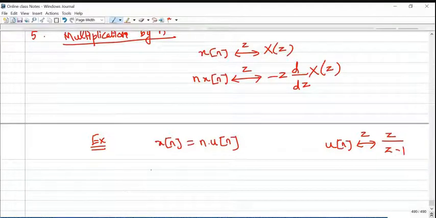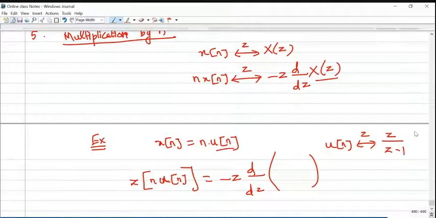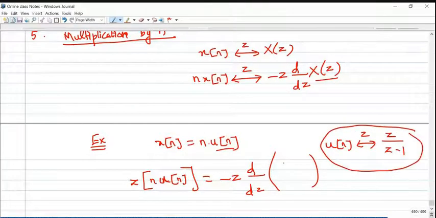So now n into u of n: the Z transform equals minus z d by dz of X of z, where X of z for u of n is z divided by z minus 1.